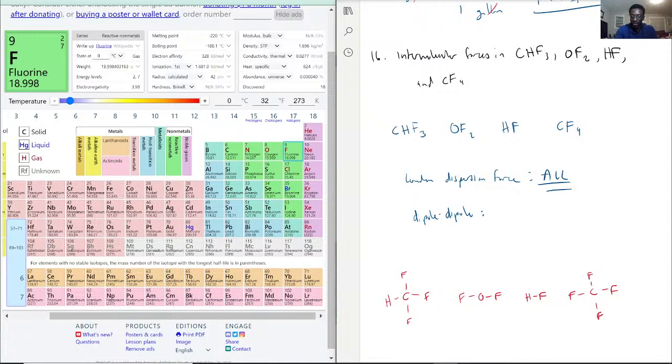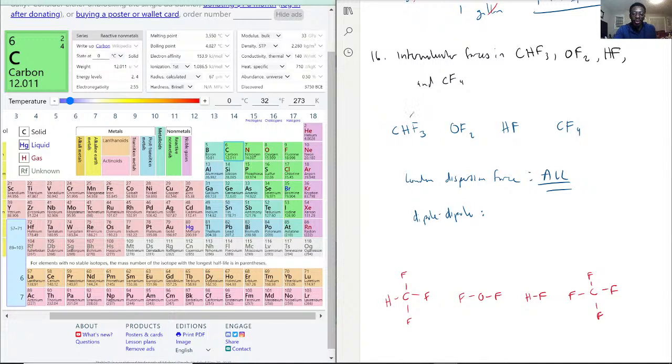Okay, so back to the dipole-dipole. Fluorine has 3.98 electronegativity, carbon 2.55. So 3.98 minus 2.55 is 1.43. That falls in the range of a polar covalent bond because it's greater than 0.4.